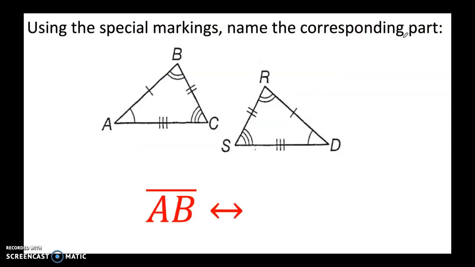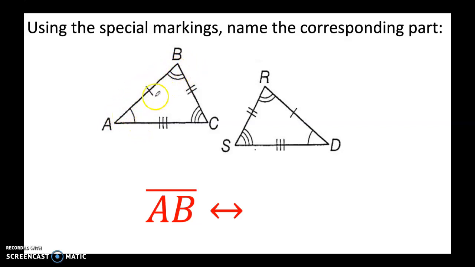Let's use the markings to determine the corresponding parts. So we have triangle ABC and triangle DRS. Segment AB corresponds to, let's check the markings. A with one arc and B with two arcs.